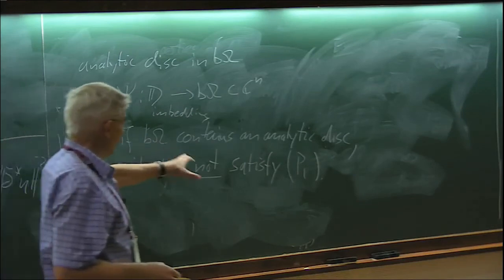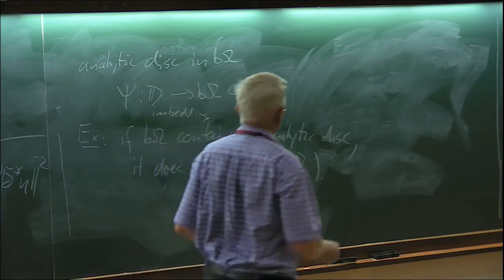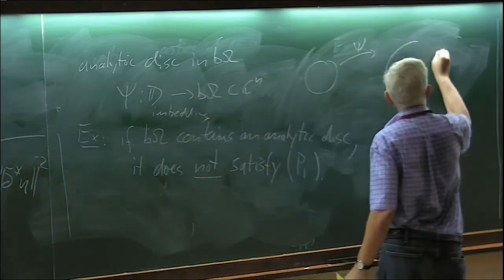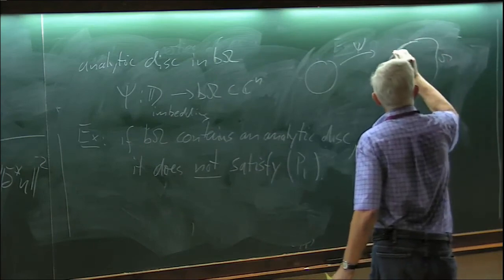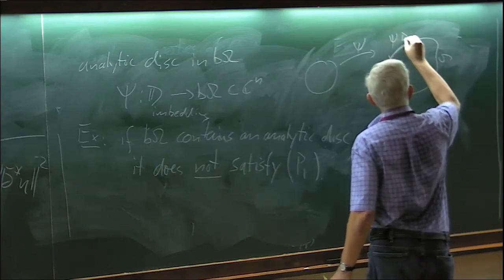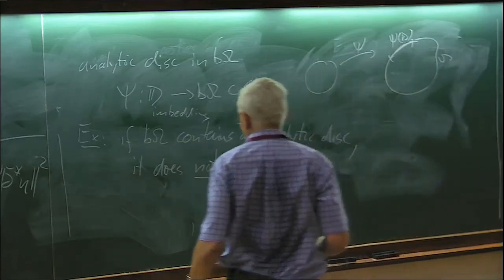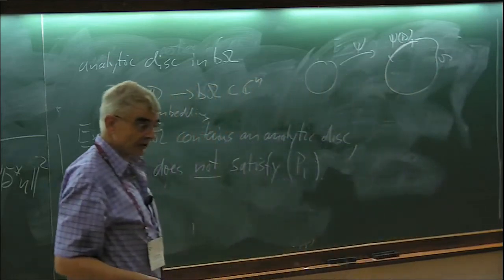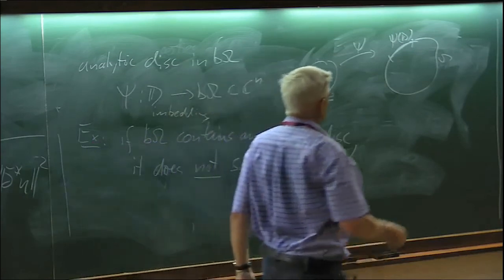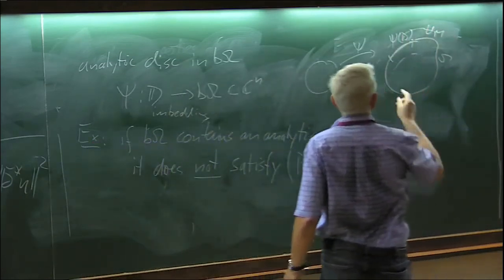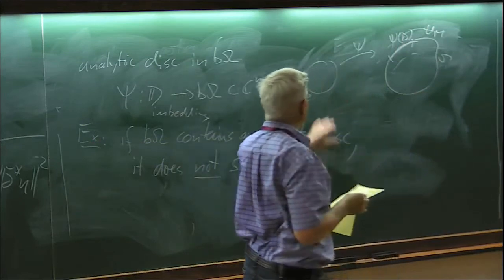So one can show this sort of by hand. Here's the unit disk, and you have this psi, omega, and you have this disk. Now, if you take these plurisubharmonic functions associated with every m, you can pull this function lambda m back to here.